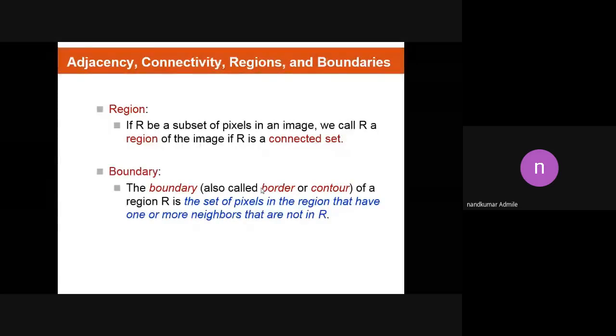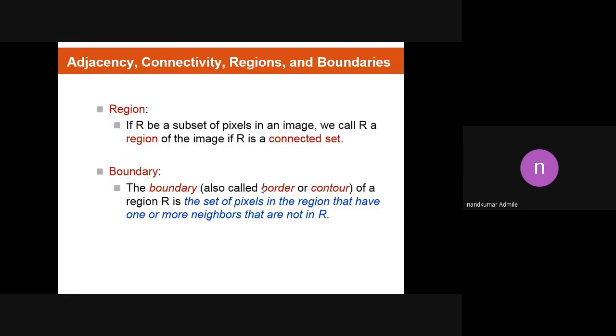It is a sub part of the whole map of India. So this is a small region of India. If we consider the total image, and from that total image we consider a small part, then that small part is called a region.